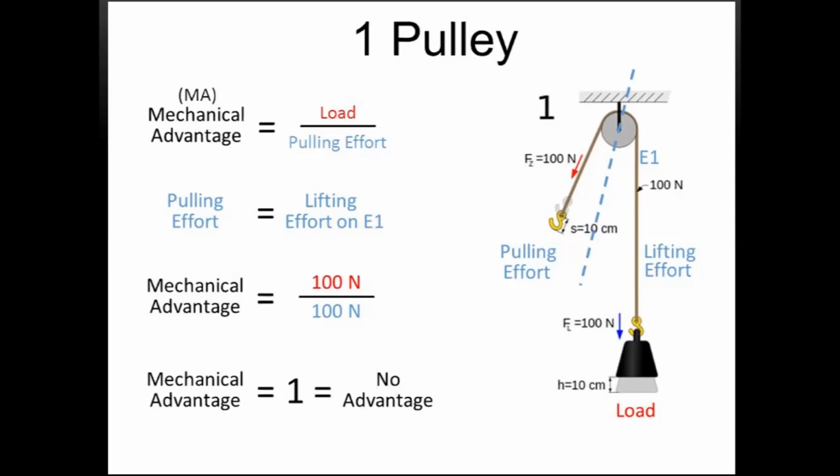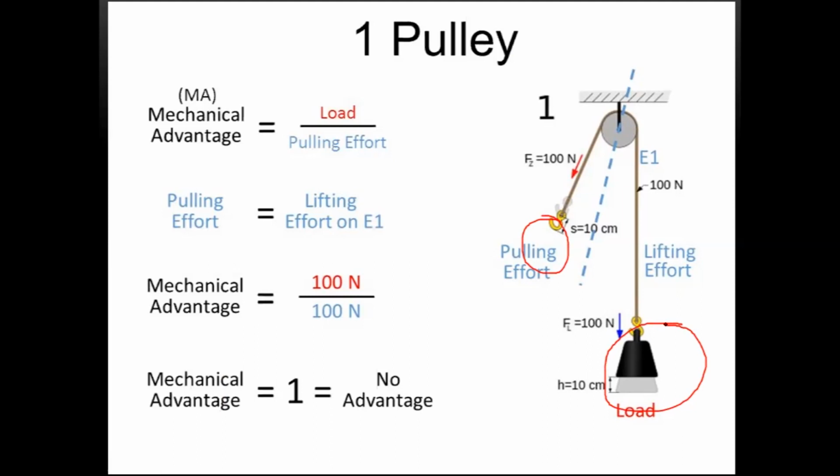So similarly, here we have a load and the load has a mass. The effort that you apply should be equal to the weight of the load. Only then will you be able to move the load. So if the load is 5 kg, the effort is 5 kg. If the load is 10 kg, the effort is going to be 10 kg.